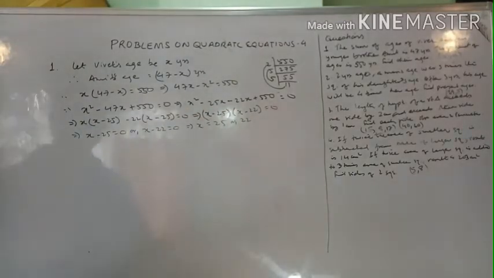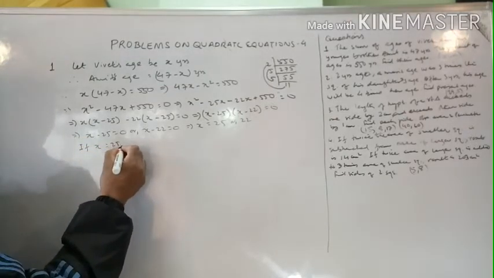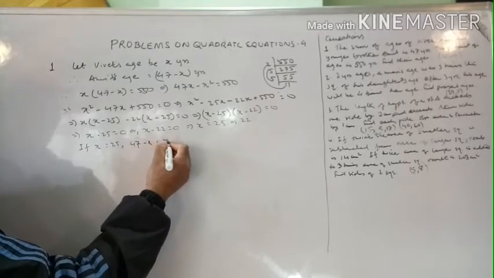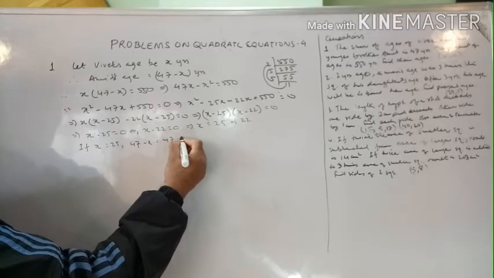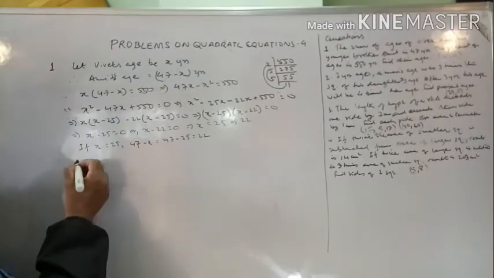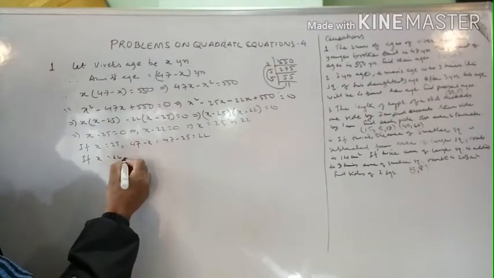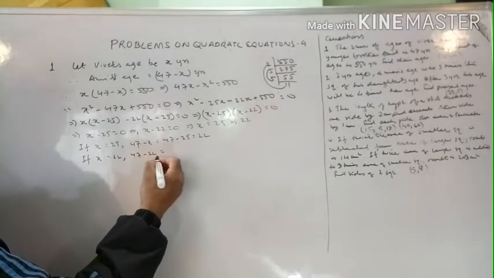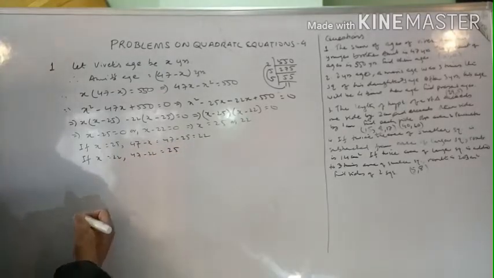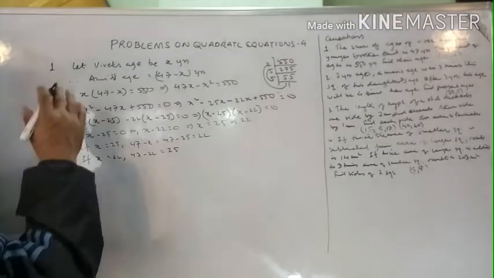Now if x equals 25, then 47 minus x equals 47 minus 25 equals 22. So the ages are 25 and 22. Now check the other value also. If x is 22, then 47 minus 22 gives you 25. But x is Vivek's age, and he is the elder brother; Amit is the younger brother.